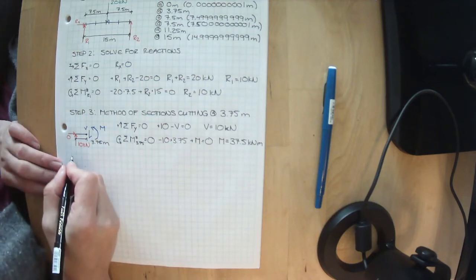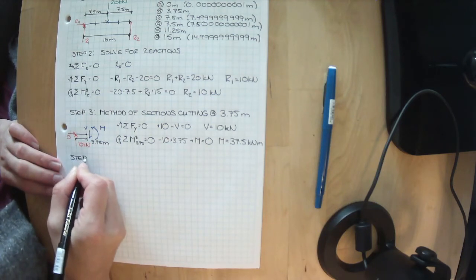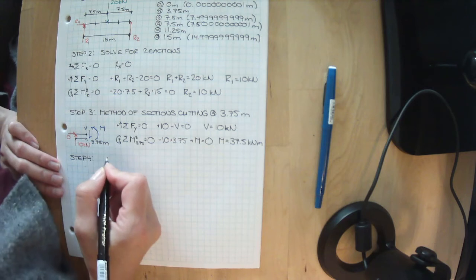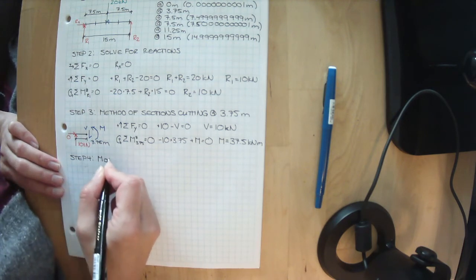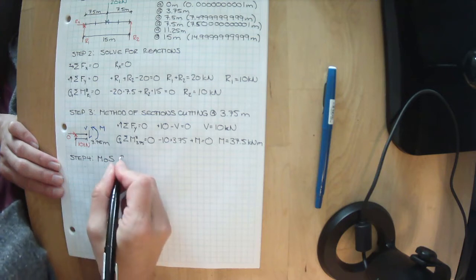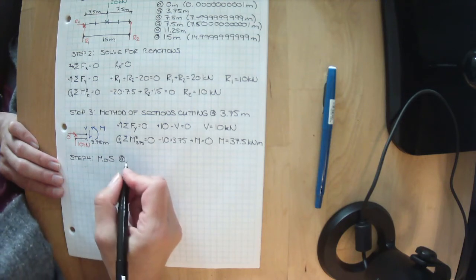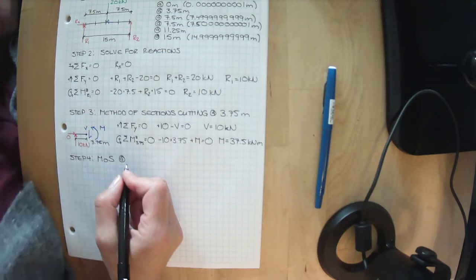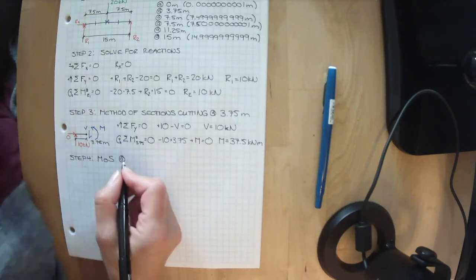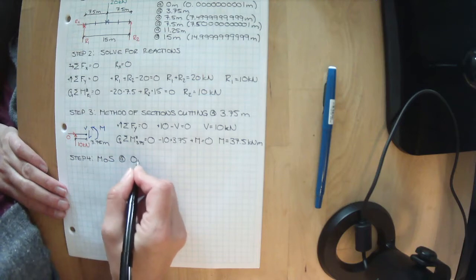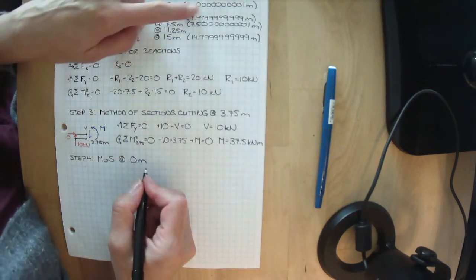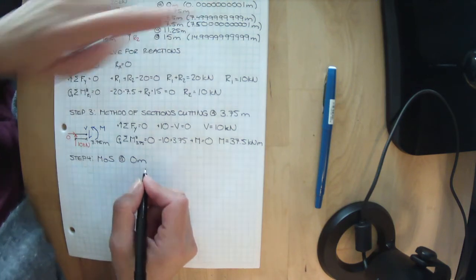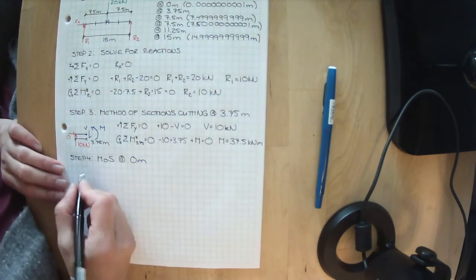Let's try another one. I'm going to cut it at 0. So I'm going to cut right here, just after our 1. Remember, it's really 0.000000001.